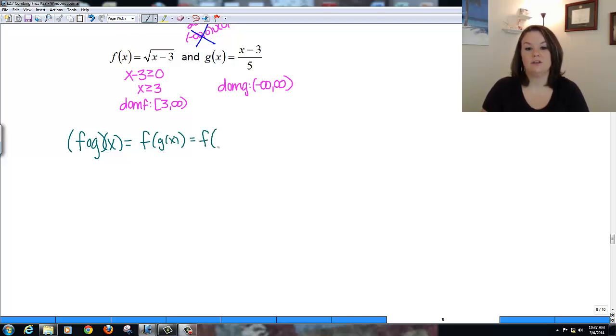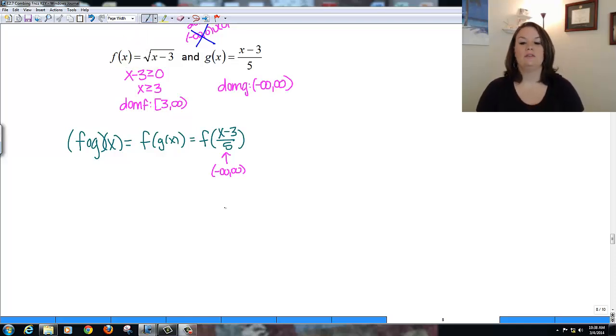In other words, I'm putting g, which is x minus 3 over 5, inside my f function. Notice if g is my input, I'm using the domain of g, which means right here I can plug in any number. So I'm starting out with any possible number. The only reason I would have a restriction on my domain is if when I plug it into f, I end up with a variable denominator or a square root.